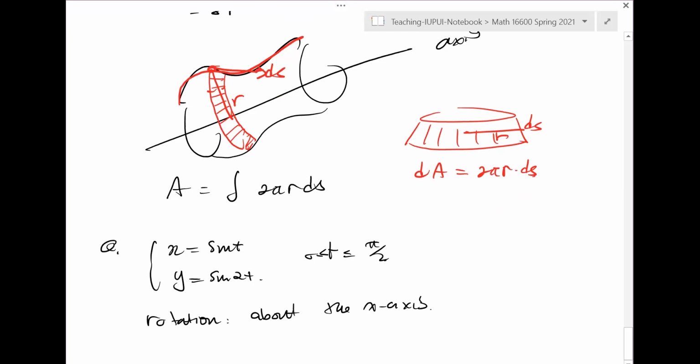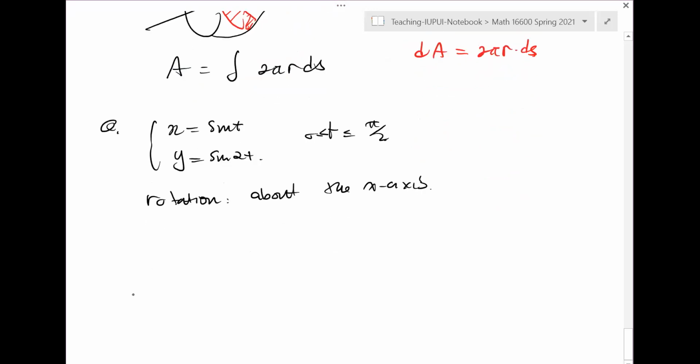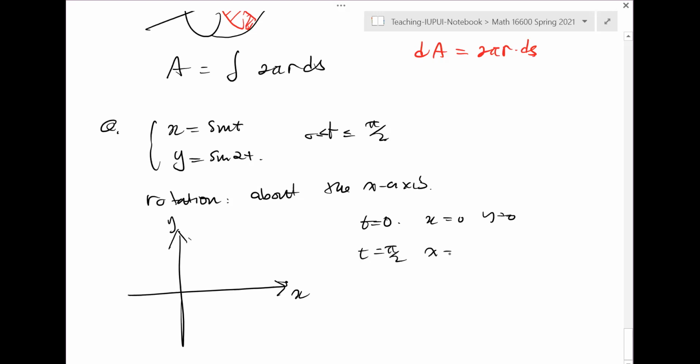I want to set up the integral with respect to t for the area of the surface. So here's the x-axis, this is the y-axis. When t equals 0, x is 0 and y is 0. When t equals pi over 2, x is 1 and y is 0.